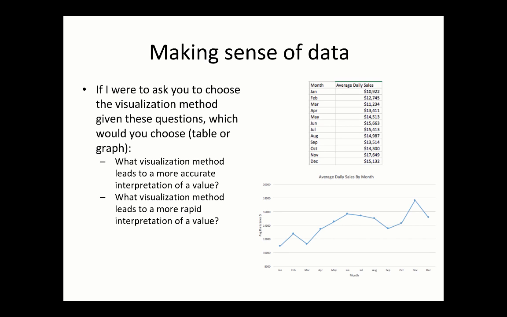So when the task requires you to specify a pattern in values, a graph is typically more accurate and faster. Now you'll notice that the right answer to both of those questions posed really depends on the task of interpretation that is required. Throughout this course, you will be challenged with a similar scenario, and you'll have to consider what is the best visualization method.